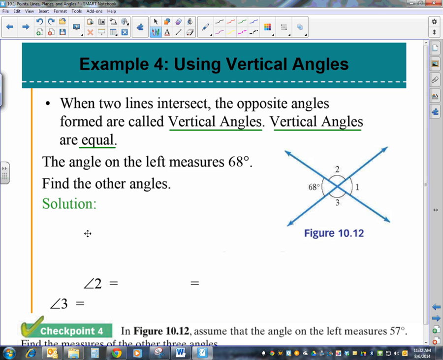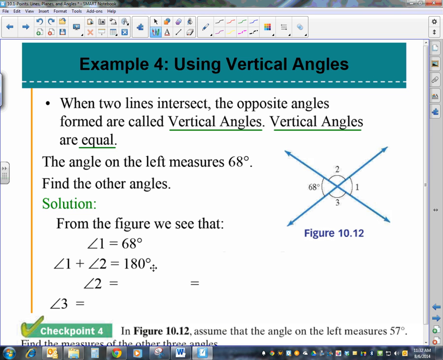So from our figure, we see that angle 1 is equal to 68 degrees. And we know that angle 1 and angle 2 are going to add up to 180 because those are supplementary angles. So if angle 1 is 68, then angle 2 is going to be 180 minus 68, which is 112 degrees.